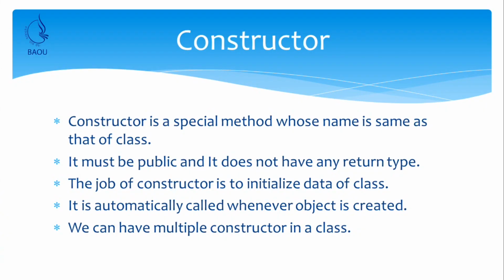Now, we discuss constructor. Constructors are special methods whose name is the same as that of the class. An ordinary method has a name other than the class name, but this is a special method which has a name the same as the class. Another thing you have to remember is it must be public and it does not have any return type including void.